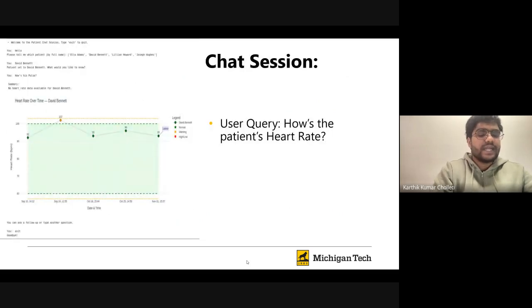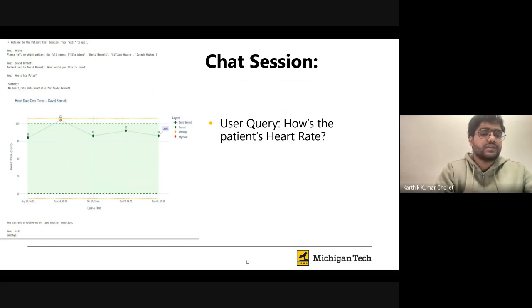This is a chat session, a screenshot of a live chat session. Everything is wrapped into a console-style chat. Here I selected a patient and asked a question, and the agent classifies, summarizes, and plots automatically. We can follow up with a question like, how about diastolic blood pressure?